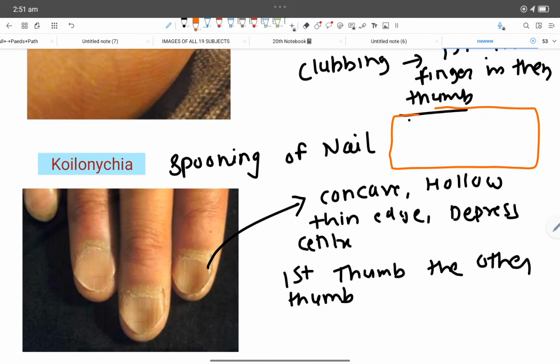So spooning of nail is found in iron deficiency anemia and Plummer-Vinson syndrome.